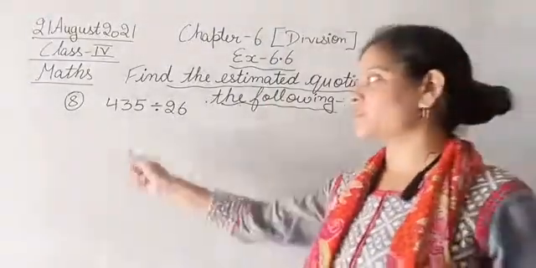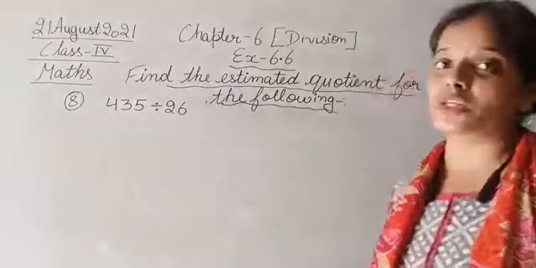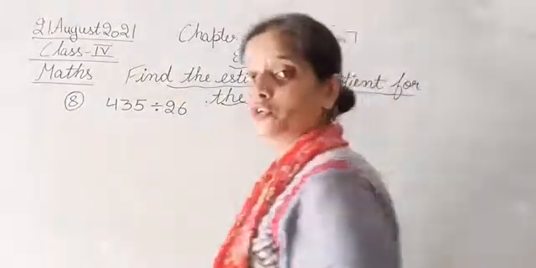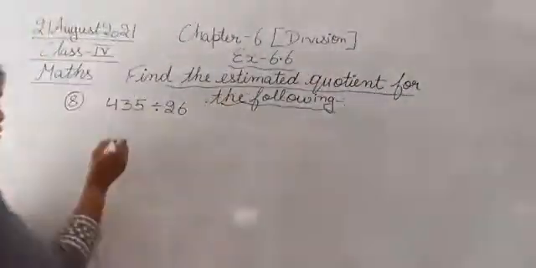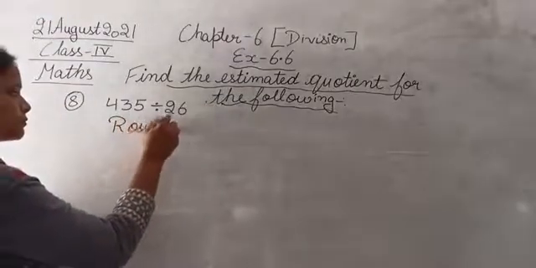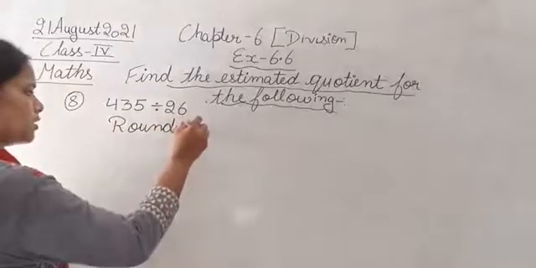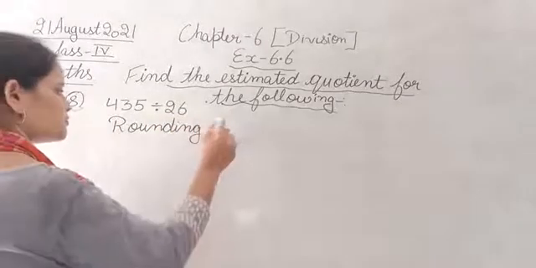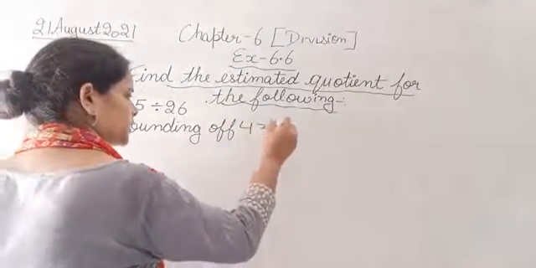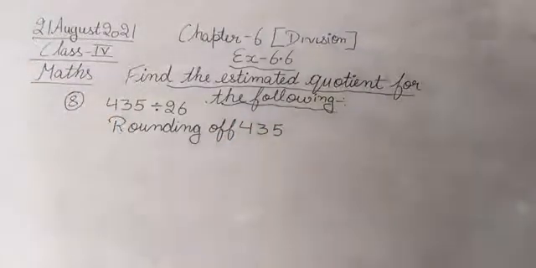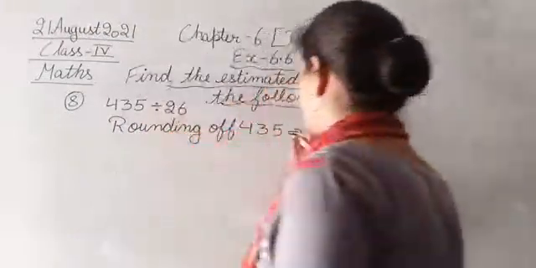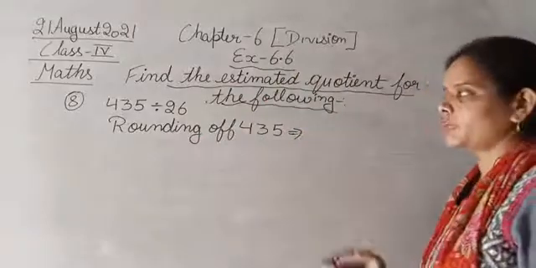435 is a 3-digit number, whereas 26 is a 2-digit number. So we are going to round them off according to the highest place value. Rounding off 435, the highest place value is hundreds, so we round it off to the nearest 100.